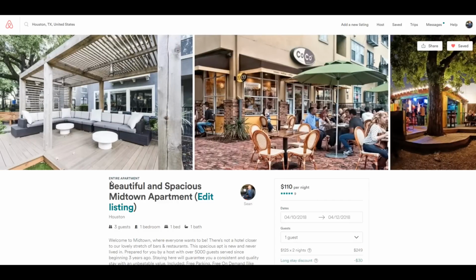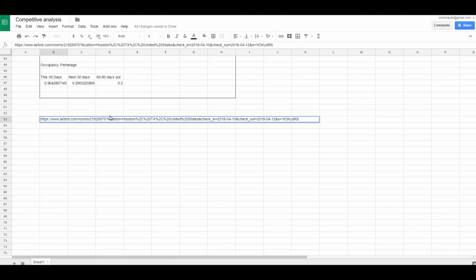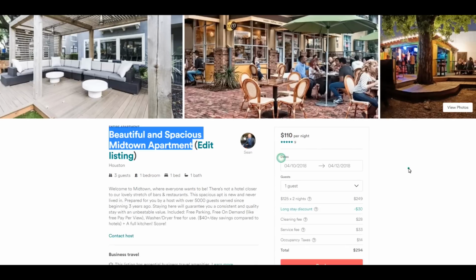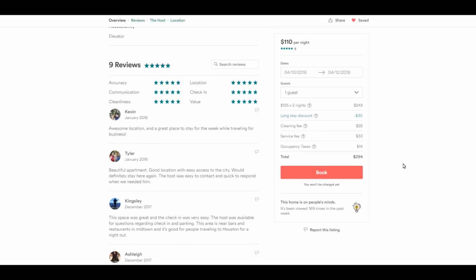So this one's marked at 110 per night for this space, right? So we've got price 110 and then reviews. See what kind of reviews I have here so far. We have 9 5-star reviews. Yay! Maybe that way I can become a super host one day if it mattered.